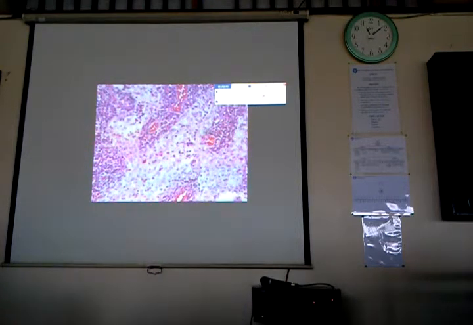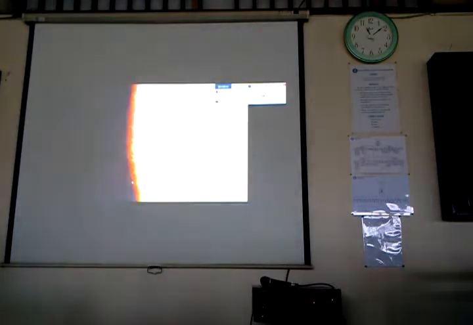What is the specific name of the macrophages inside the lymph node? Okay, histiocytes. And because they are seen in great number, this condition will now be called histiocytosis. And because they are seen in the sinuses, that's the complete name of the condition.